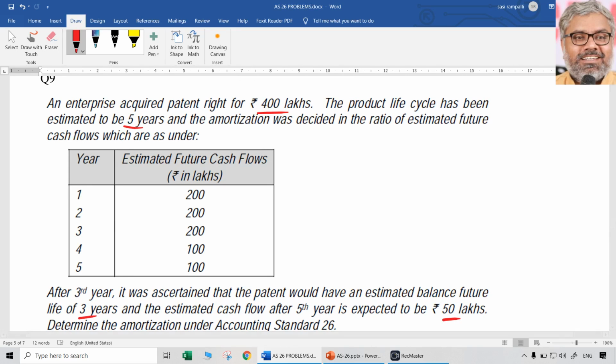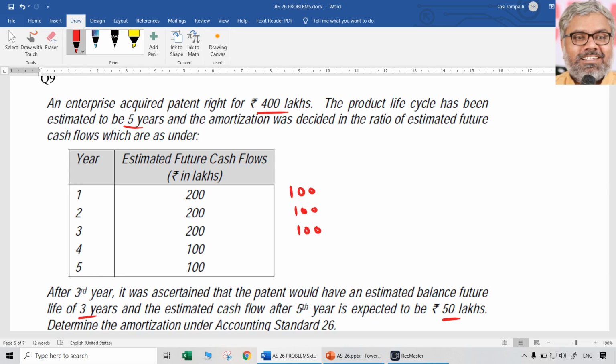So originally, let us say first year, how much should be amortized? Total 400 lakhs divided by, what is the total of this? 800, right? So 400 divided by 800 into 200. That means in the first year, 100 lakhs would have been amortized. In the second year also 100 lakhs would have been amortized. Third year also 100 lakhs would have been amortized because 3 years they did it already. Remaining is 100.